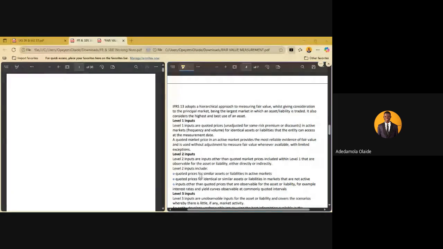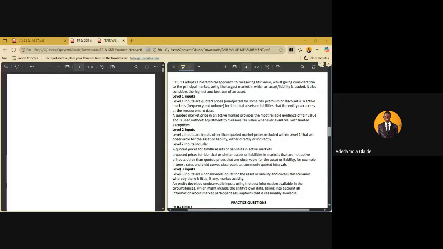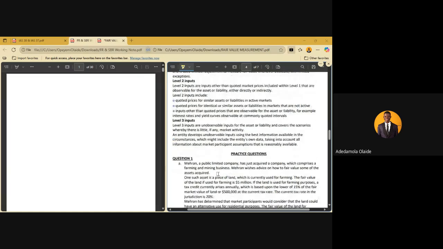The level 2 input will be maybe the price at which it can be sold in the market, and then we consider maybe the current economy, a future expectation from the economy and things like that. While level 3 inputs are unobservable inputs. They are developed by the organization when they are unable to get level 1 or level 2 inputs. Do we understand?